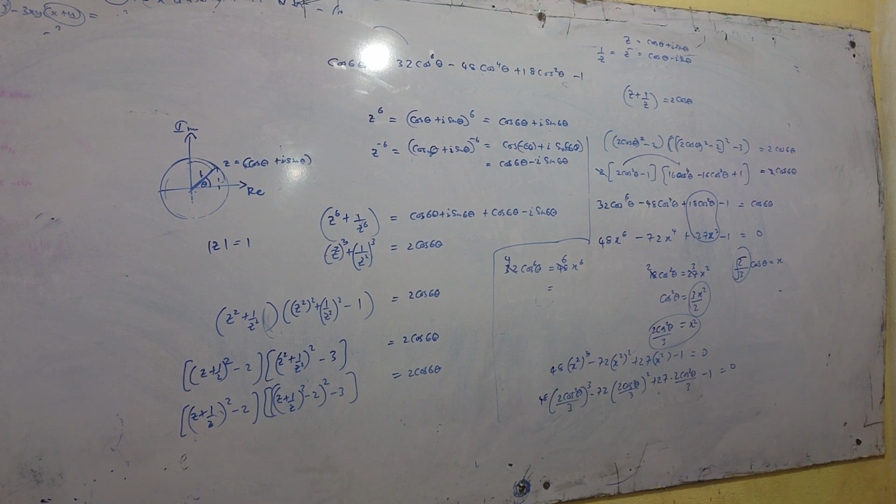Instead of 18 cos square theta, we have 27 x square here. 9 into 2, 9 into 3. 3x square over 2 is cos square theta, two cos square theta over 3.